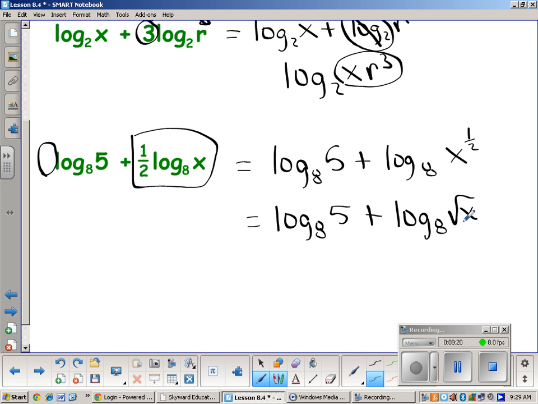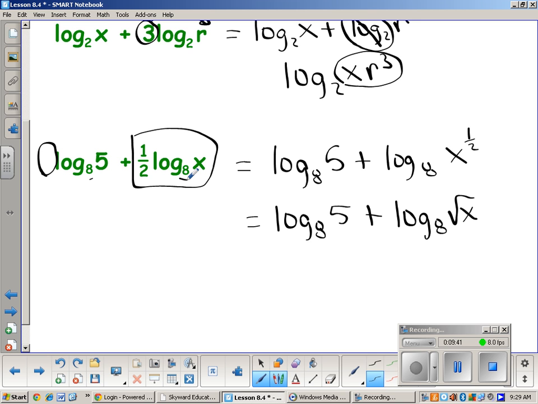Okay? Now, when we combine that together, that's something I haven't mentioned, but you have to be careful of. They have to have the same base in order to write them together. If I had log base 8 and then over here I had log base 7, then I can't bring them together.